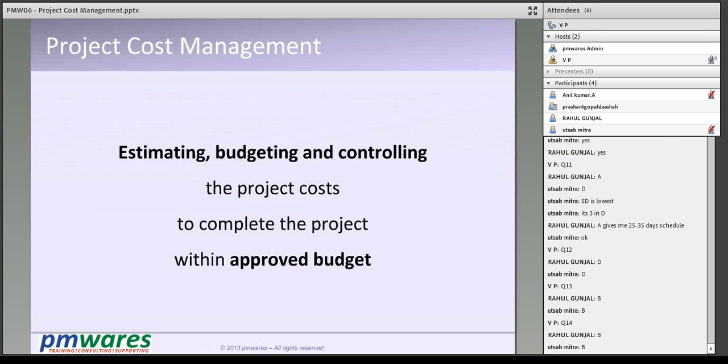So cost management is all about estimating the cost of the project, then preparing a budget, and then controlling the expenses so that we deliver the project within approved budget.